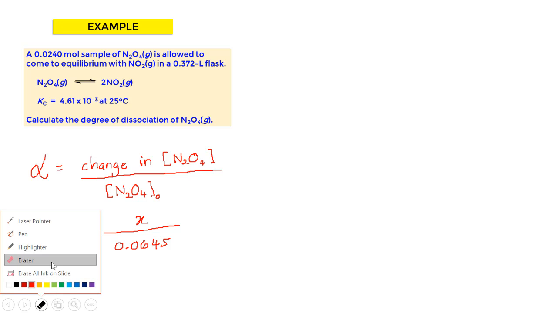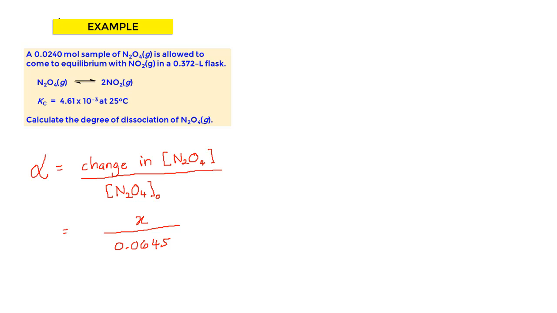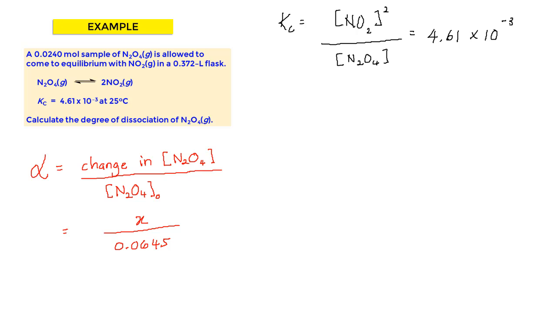Okay, so now kita relate dengan KC expression. So this is the KC expression just now tadi. KC equals to concentration of NO2 power of 2 divided by the concentration of N2O4, which is equals to the KC 4.61 times 10 to the power of negative 3.